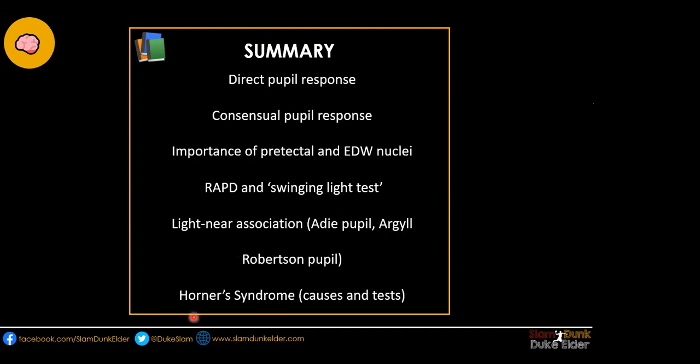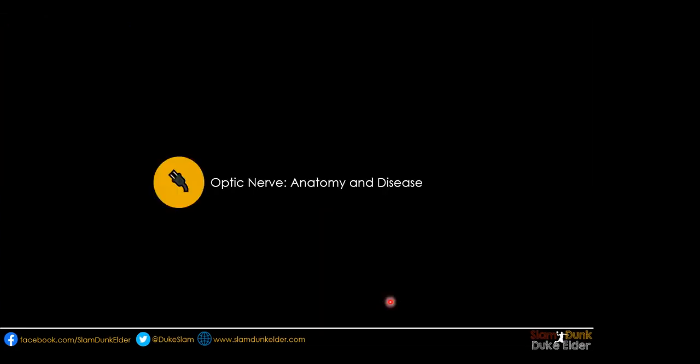And we've also covered Horner syndrome and the causes, which can be in the central neuron, the second-order neuron, or the postganglionic third-order neuron, and the tests for that. Okay, so we'll move on now to the optic nerve. We'll have a chat about its anatomy, its subdivisions, and its implication in disease as well.